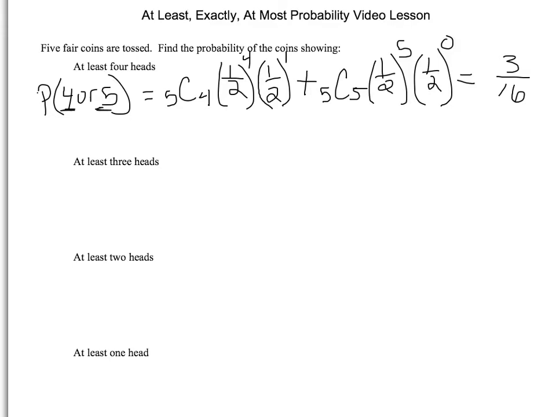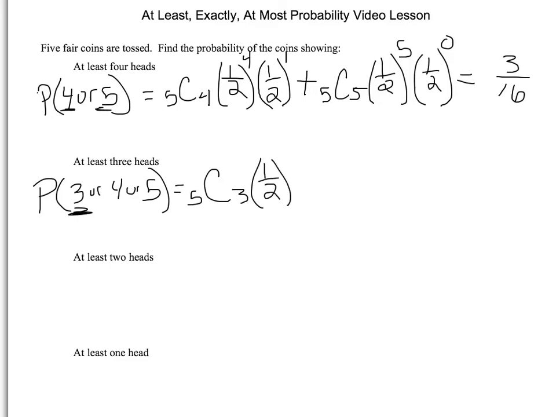At least 3 heads means you could have 3 or 4 or 5 heads. For the probability of 3, it will be 5 choose 3. The probability of flipping a heads is 1/2. You want 3 of them. The probability of flipping a tails is 1/2.